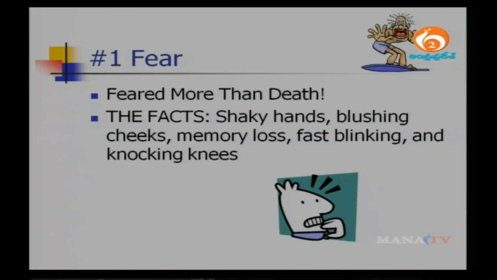And then let us see the slide once again. If you can see the slide, we have the facts which can make you scared: shaky hands, blushing cheeks, memory loss, fast blinking, and knocking knees.